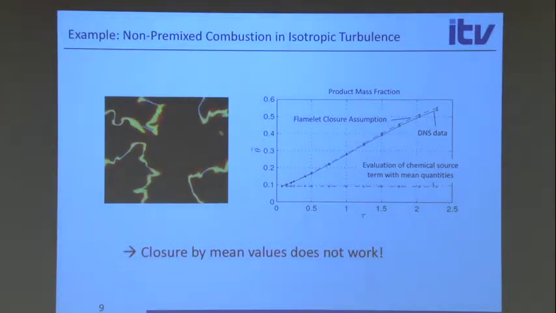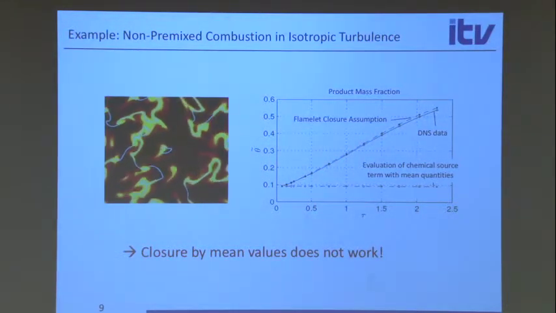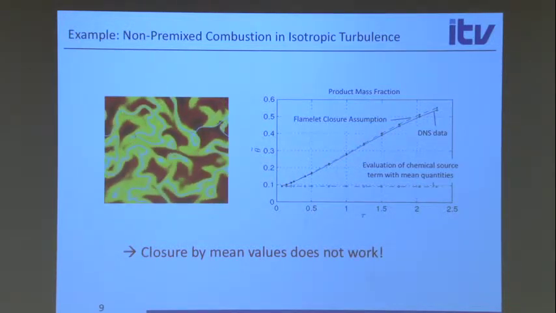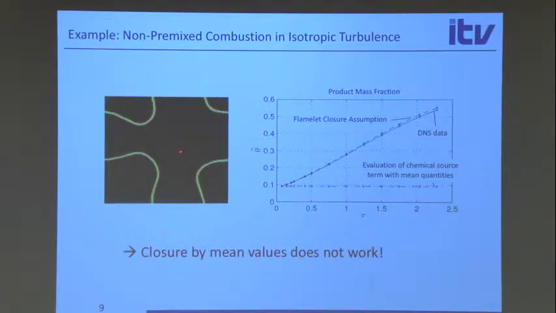And now we want to evaluate this from DNS. So this is a direct numerical simulation. It is a very simple one. We did this many, many years ago. And so here we start out. You see here, maybe in the center, here's oxidizer, and here is fuel. And then in between, you have a stoichiometric mixture.